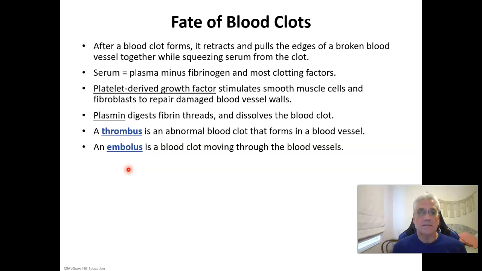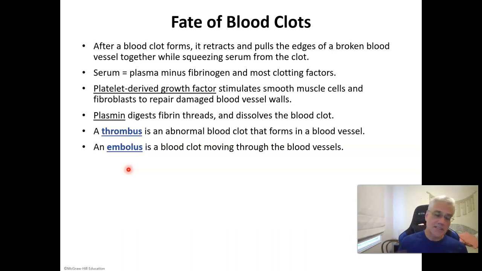If that thrombus dislodges from wherever it formed and starts to flow through a vein, veins always return back to the heart. Usually the clot is going to be small enough to get through the venous system and the heart, and then it will often, not always, but often go into the lungs.